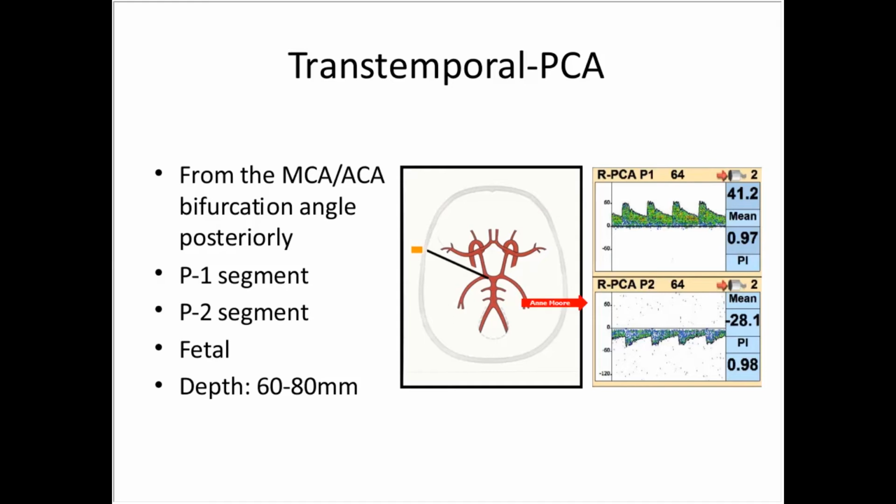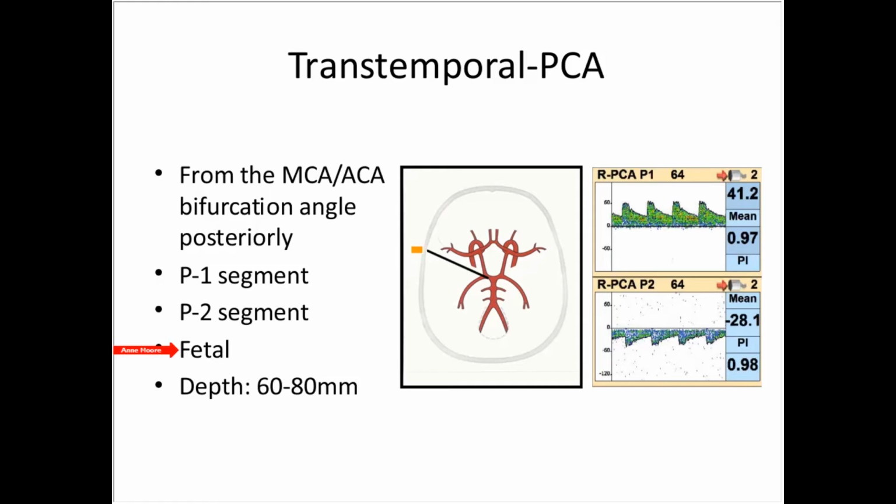P2 is normally directed below baseline, or flow away from the probe. The PCOM will divide P1 from P2. And keep in mind that P1 could be fetal, and you may not be able to find it. We insonate the PCAs between depths of 60 and 80.